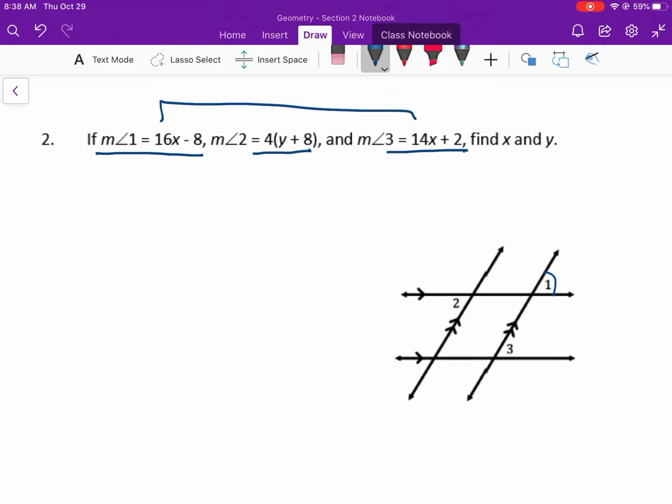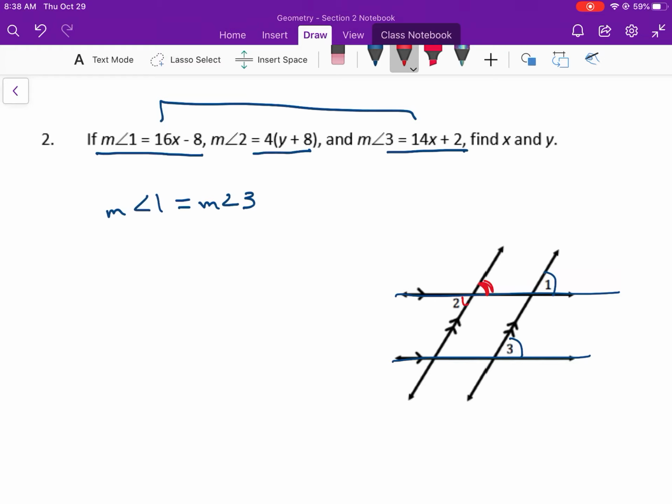So angle 1 and angle 3, these two lines are parallel. So you're like, oh yeah, angle 1 is equal to angle 3 because they are corresponding angles. So I know that. Now let's look. What do we know about angle 2? Well, angle 2 is the same as this one because they're vertical.